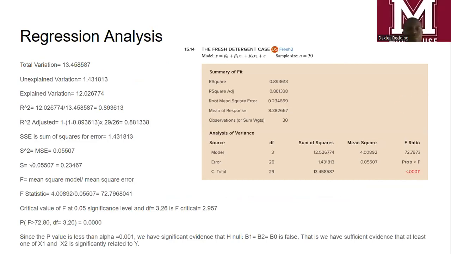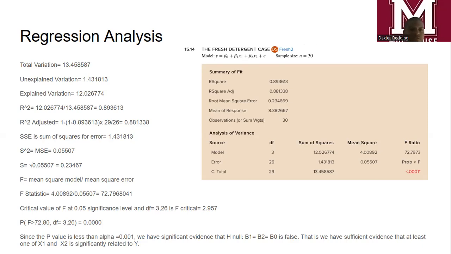So for 15.14, we did a regression analysis of the Fresh detergent case. We saw the total variation, unexplained variation, and explained variation. Total variation was 13.458587. Unexplained variation was 1.43. The explained variation was 12.03.